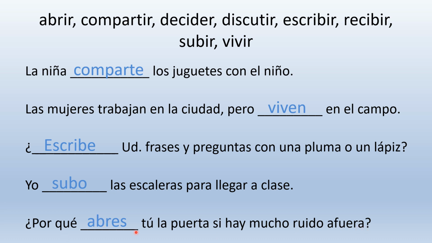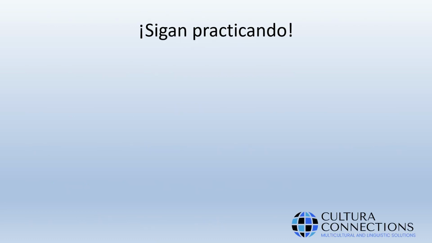And the first time I tried to read this for you, I said, ¿Por qué abres la puerta? And that's okay. We don't need to include tú, because abres only goes with tú. It was in your exercise so that you would know how to conjugate the verb. Wonderful. Well, what I can tell you is just to sigan practicando.